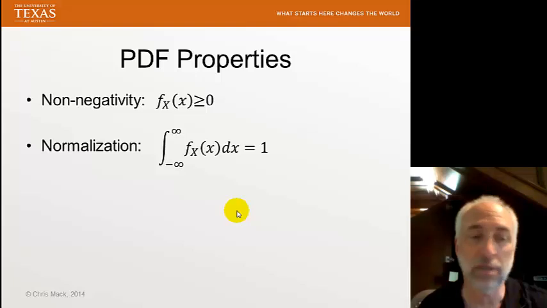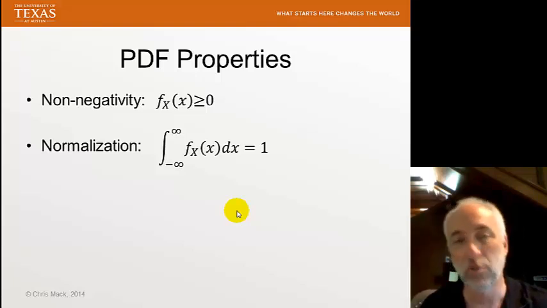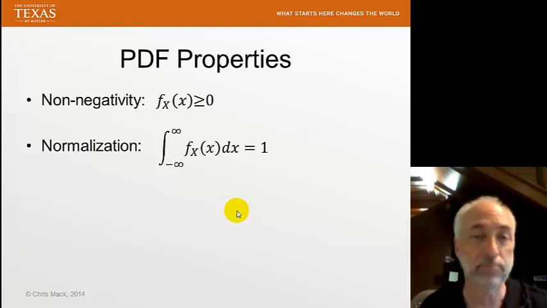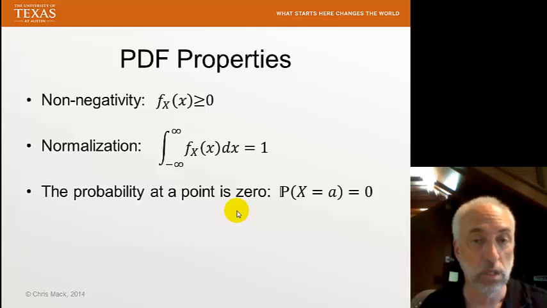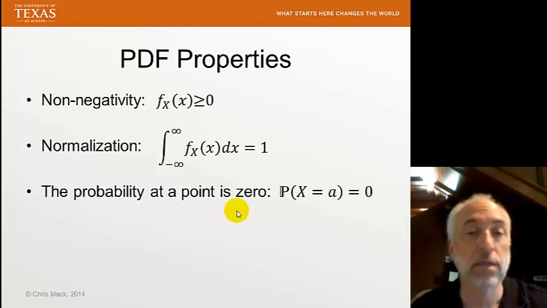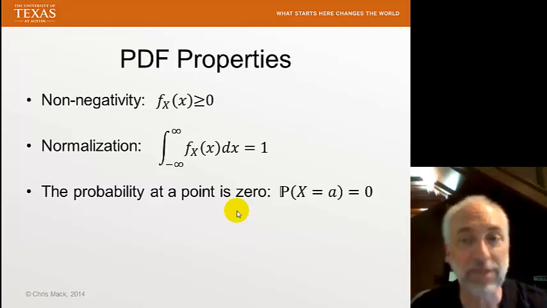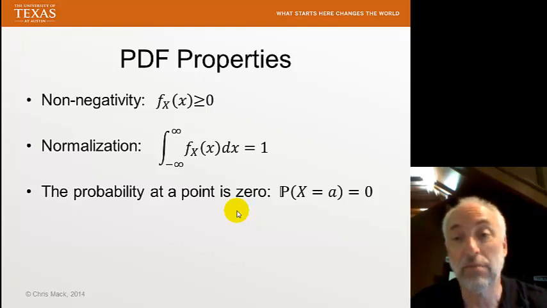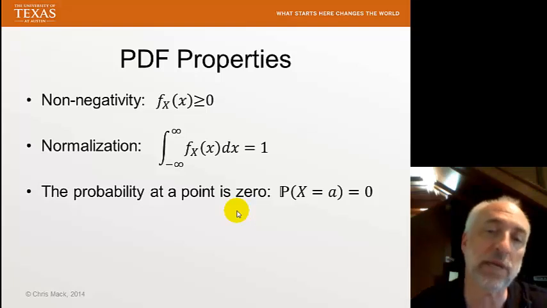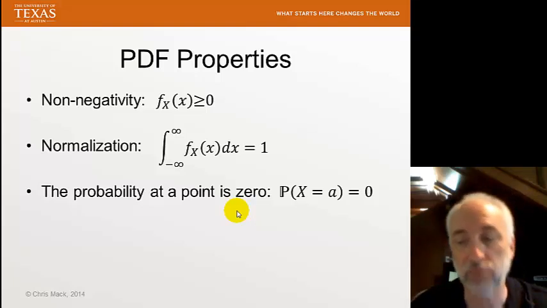That comes directly from the normalization axiom of probability. And the probability at a point must be 0. If I have a continuous function, the area under a point is 0. Only over a range of x values do I get a probability that is non-zero.